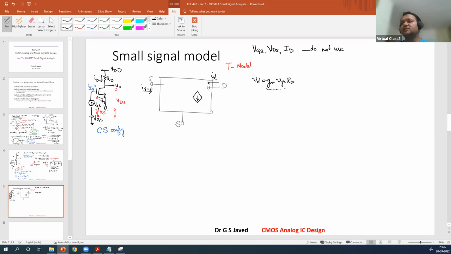So what is gm vgs? This is a current factor, right? V is equal to I into R, so gm vgs effectively has the notation of a current, since the same drain current flows inside. What is this current? It is a voltage controlled current device, or a voltage controlled current source. This is a current source, right?